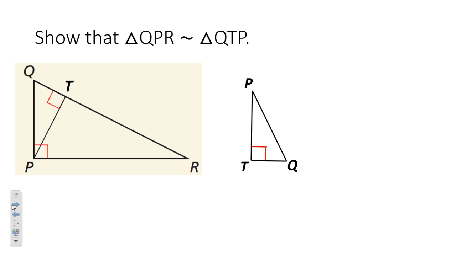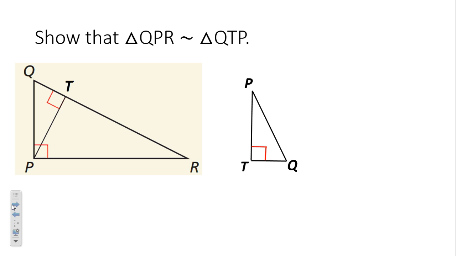That way they're in the same orientation, because I'm one of those people that has to see them in the same way, and then it makes sense to me. Okay, so draw a little triangle PTQ off to the side. Now we have some easy angles that have been already shown to us, right? Which two angles are marked?